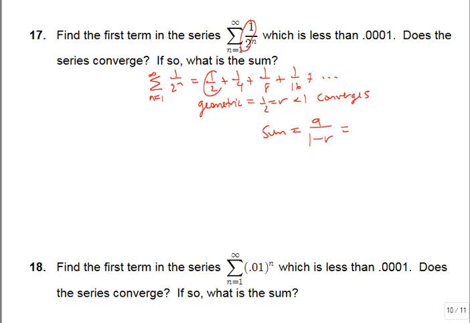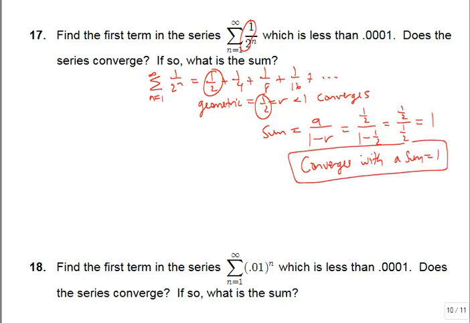Our a, this first term, is 1/2, and our r is also 1/2. So we get 1/2 over 1 minus a half, which is a half, and a half divided by a half is 1. So it converges with a sum equal to 1. So that is based on what we've talked about.